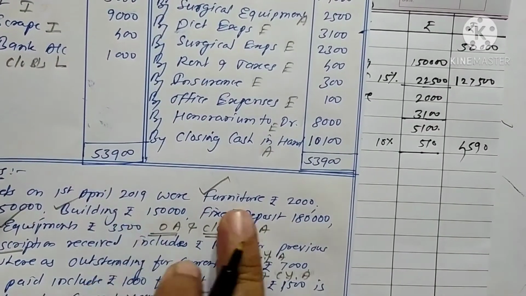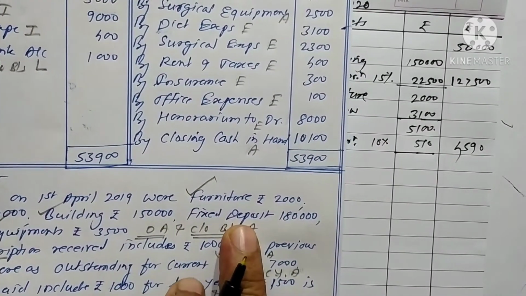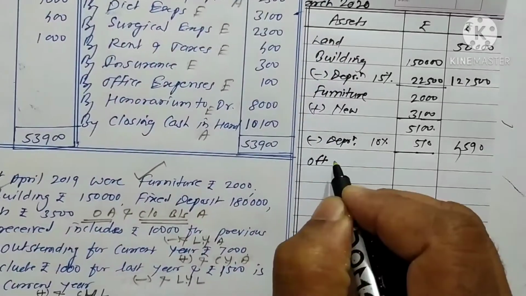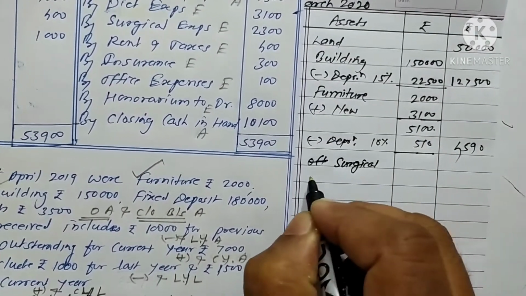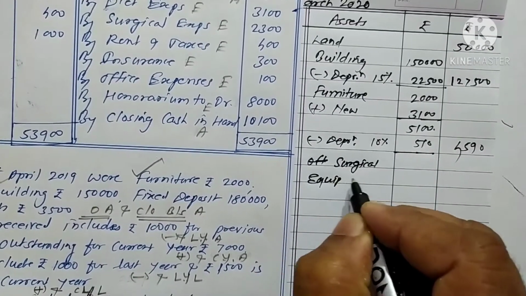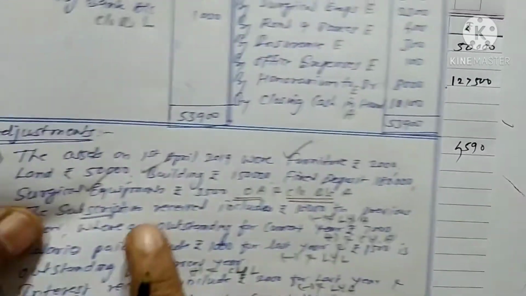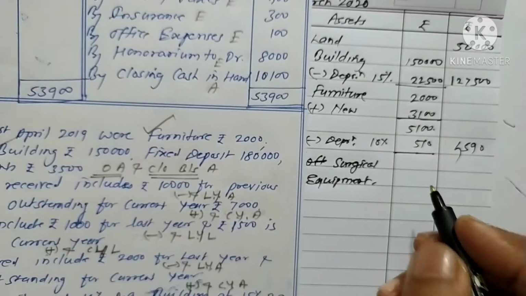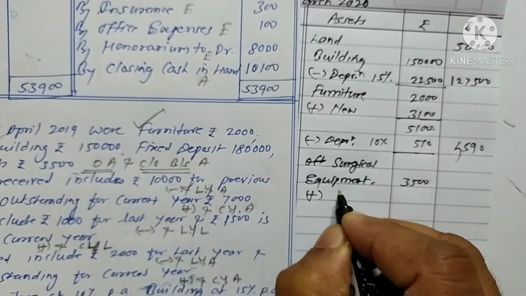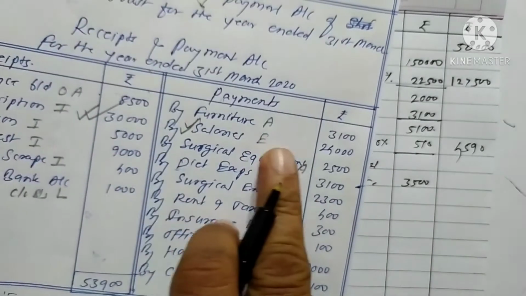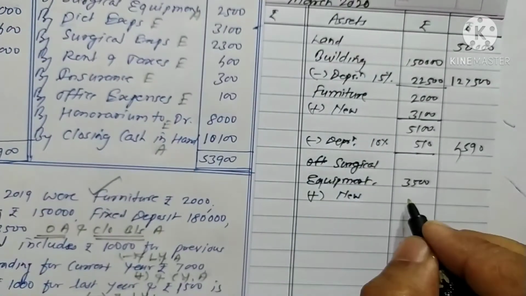Next is surgical equipment rupees 3,500. We have to add new equipment rupees 2,500.